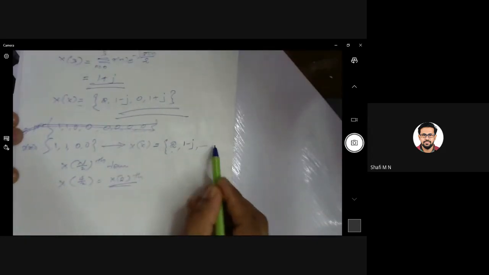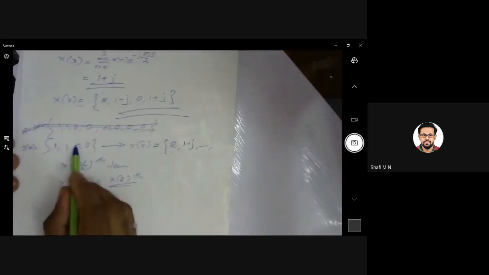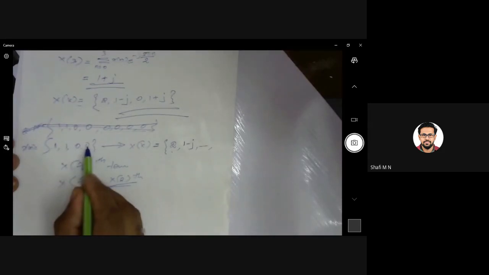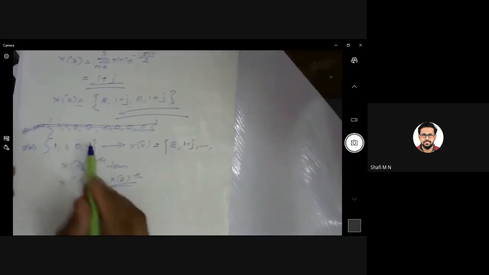To find this term, you have a shortcut. And the shortcut is, you have to give alternate plus minus signs for the terms. First term should be positive. Make the second term negative. Make the third term positive. Make the fourth term negative. Even if it is minus 1 angle, you have to make it plus 1. You have to multiply with minus 1 alternately.